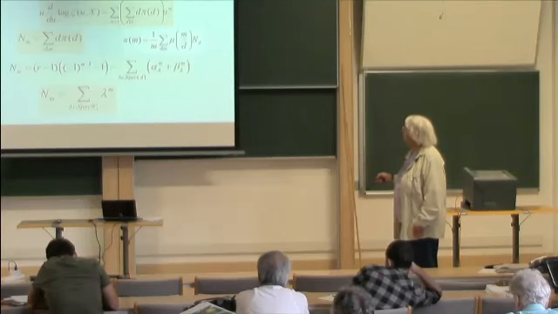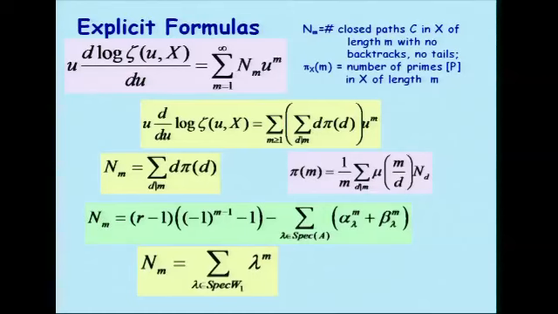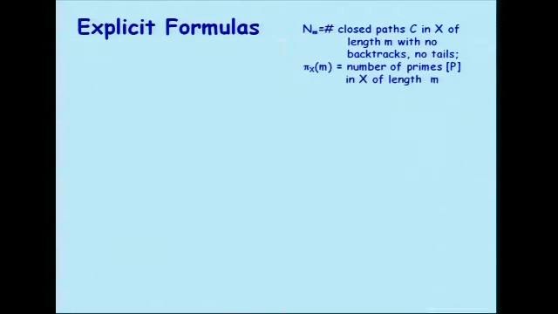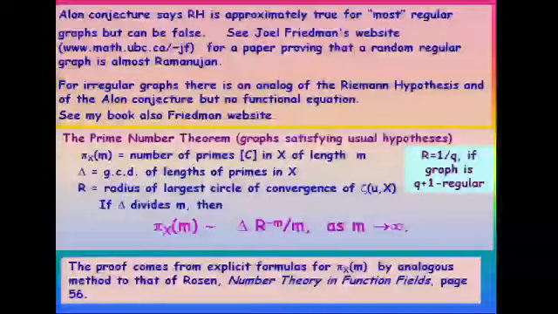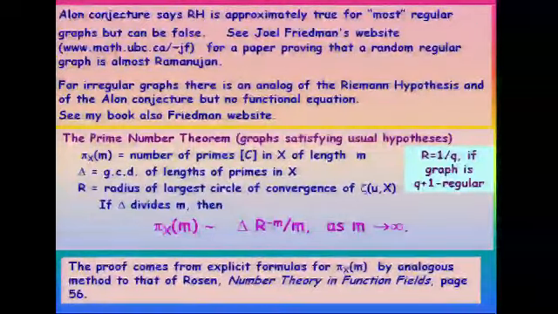So if you want to know the prime number theorem, all you need is the Perron-Frobenius theorem to tell you that the largest eigenvalue of W1 is the reciprocal of R. So I'm trying to prove this theorem: the largest eigenvalue of W1 is R inverse. So if you put all that together, that's what you get.